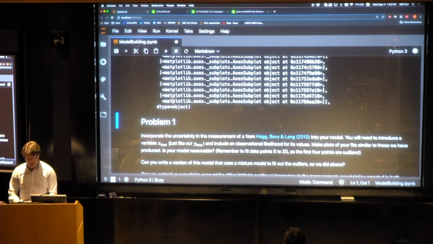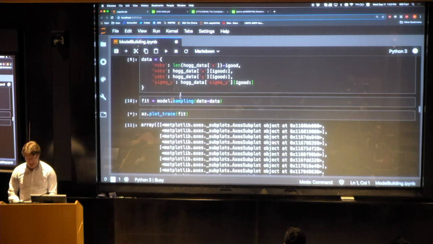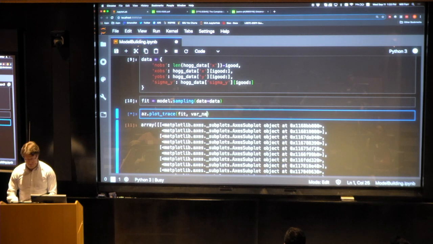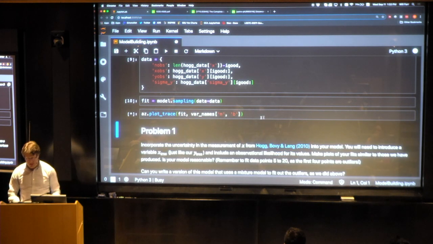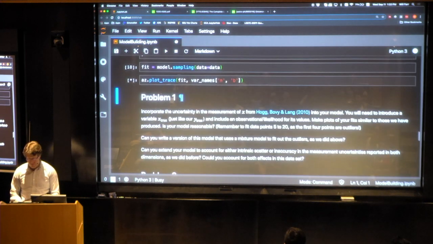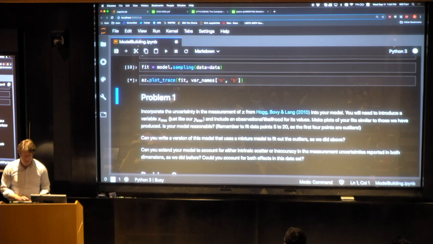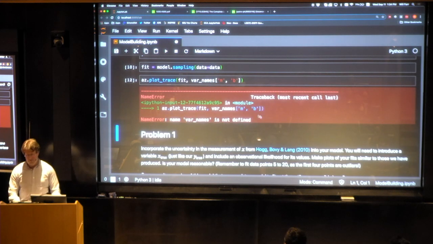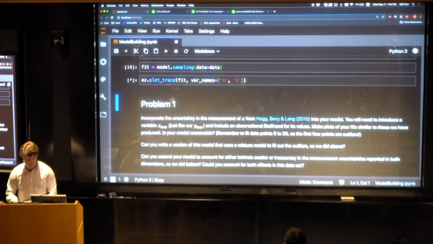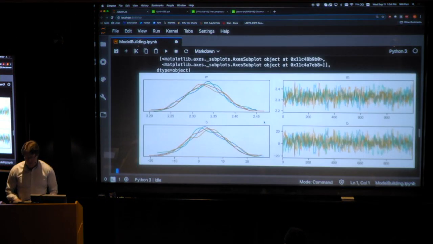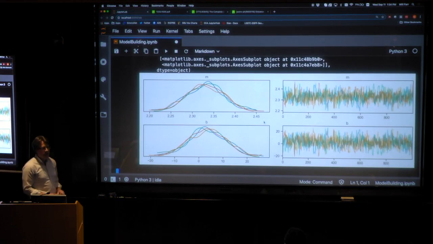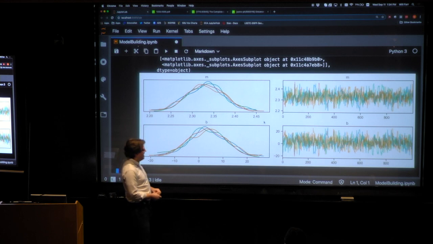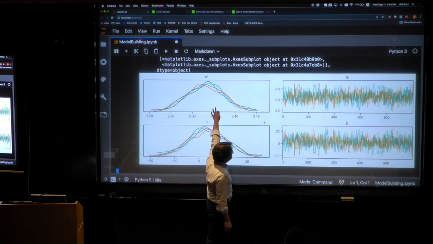Let's take a look at a trace plot. Did you look at these earlier when you were MCMC sampling? So this is a trace of the MCMC sampling that Stan did over the slope and the intercept.